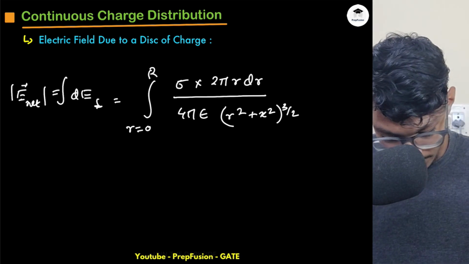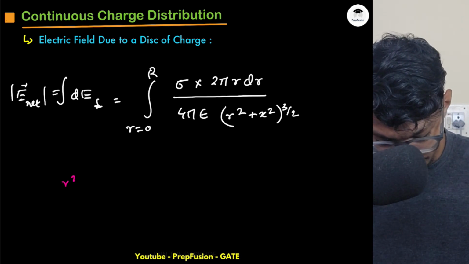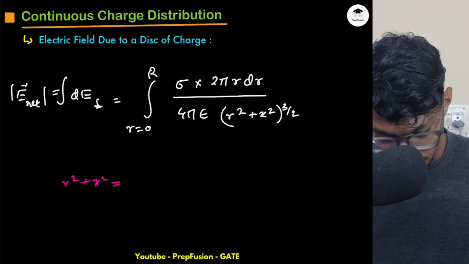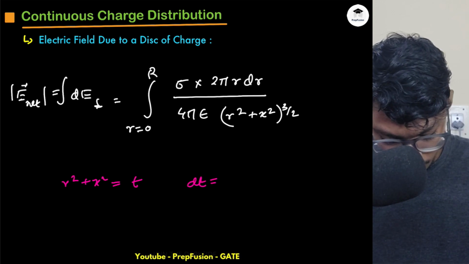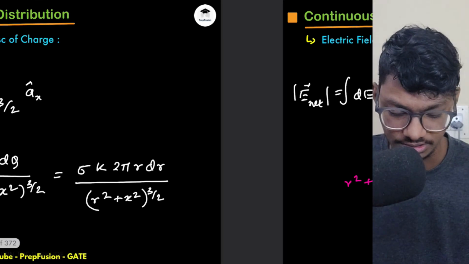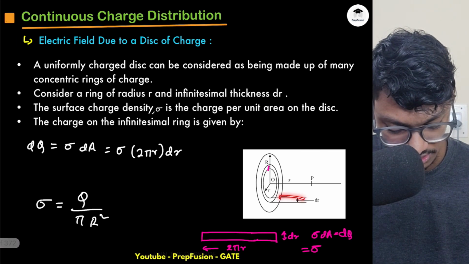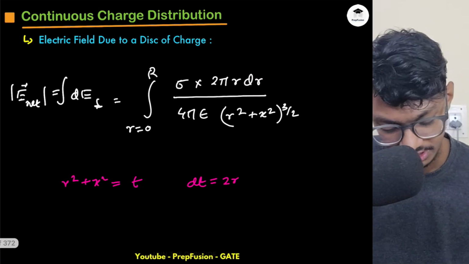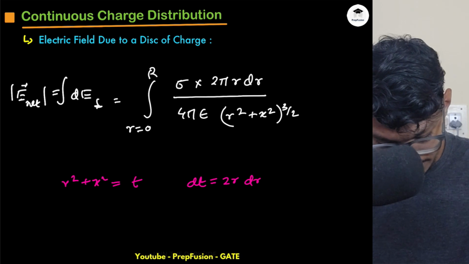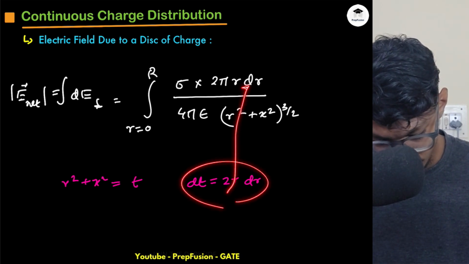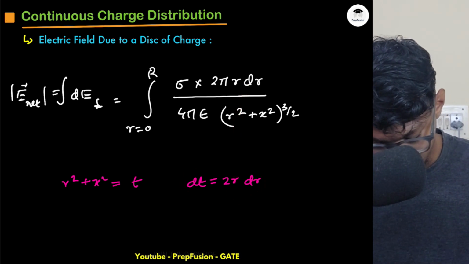So let r square plus x square equal t. So dt will be 2r dr, because x is constant. This perpendicular distance is constant, it is not varying. Small r is varying, x is constant. So 2r dr is here, and I will just replace it with dt.